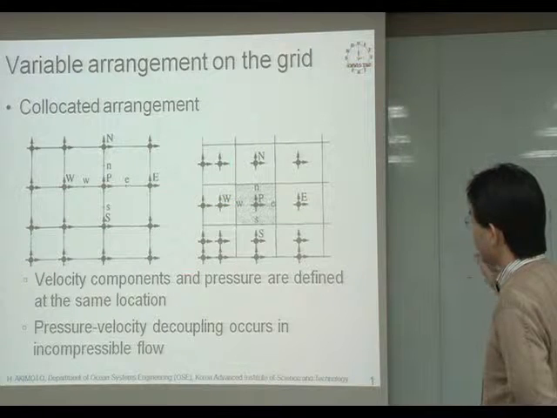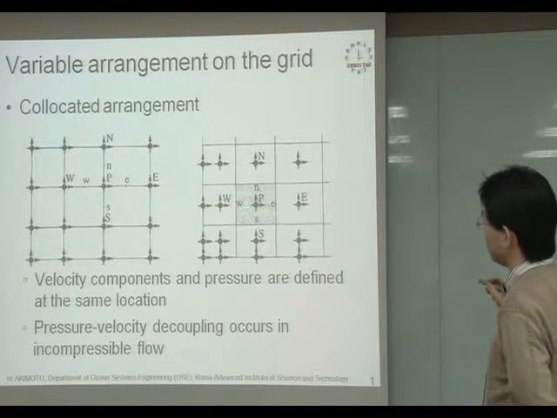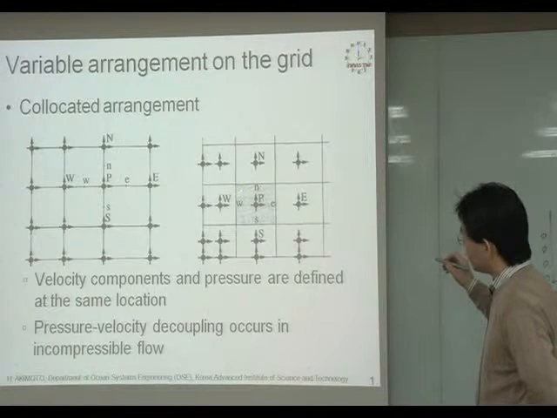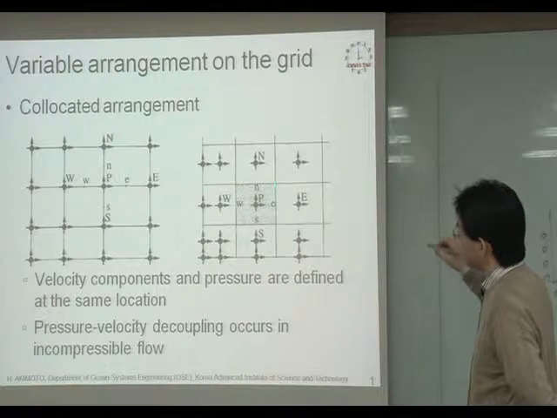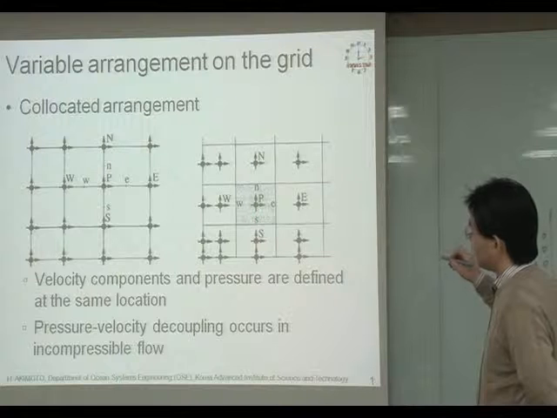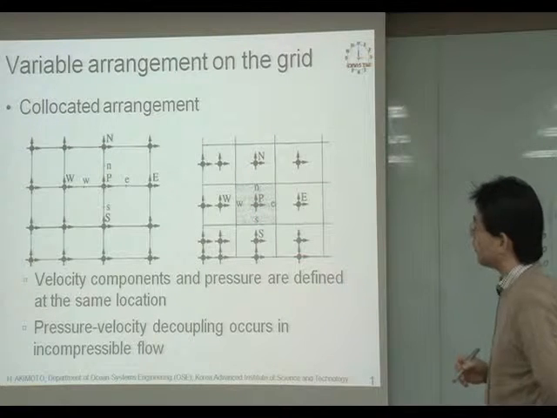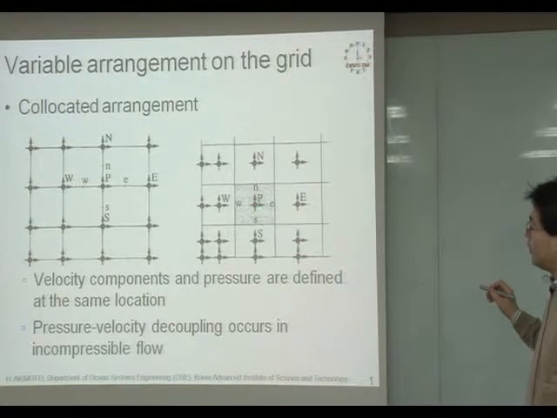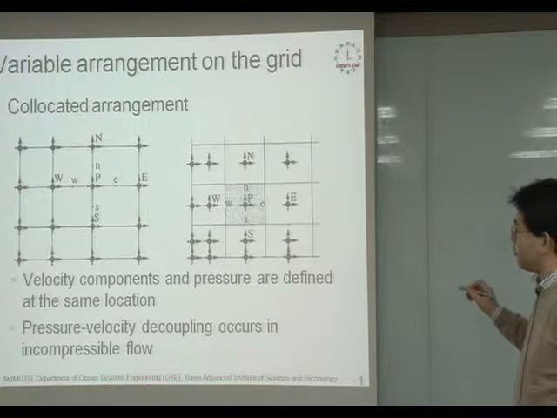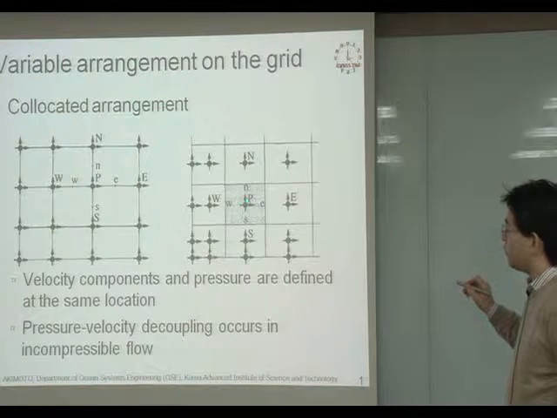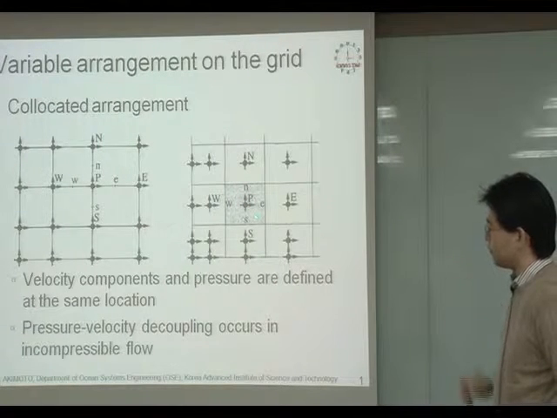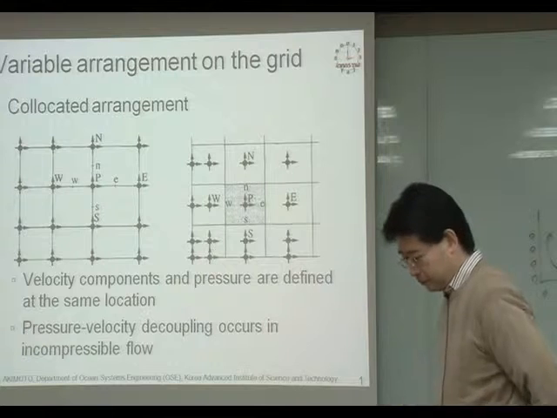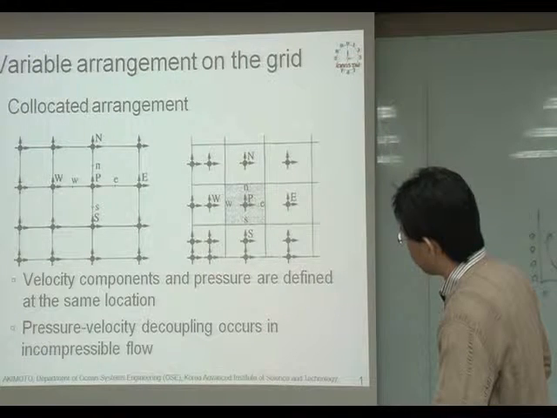And in the finite volume method, now we focus on this control volume. In the control volume, pressure is defined at the center of the volume, and the velocity components u and v are defined on the same position. This is very natural.